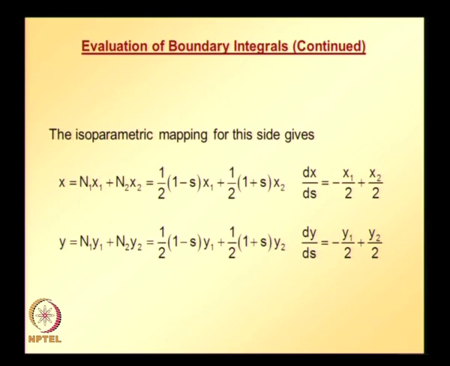Please note that we are doing all this because we require the relationship between a differential element taken along a side in the actual element domain and a differential element taken along each of the sides in the parent element.